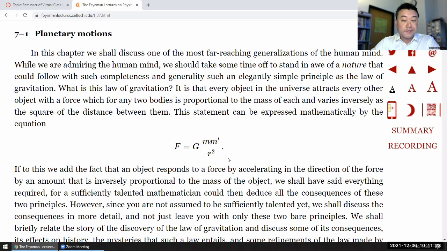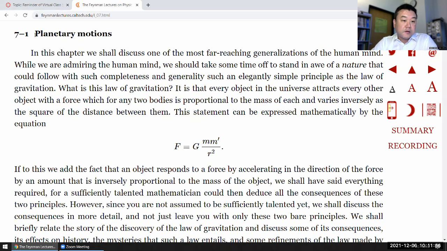Now, there's a story of getting to this law, because for us modern folks, we have the advantage of standing on the shoulders of giants, benefiting from all the work that has been done, all the observations that have been made. So we have the luxury of starting from this law if we wanted to. And in this and the next couple sections is where Feynman tells the story of getting to this law.